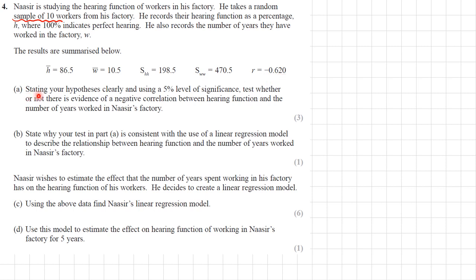Part A, stating your hypothesis clearly and using a 5% level of significance, test whether or not there is evidence of a negative correlation between hearing function and the number of years worked in Nazir's factory. So for a test for correlation, H0 is always that rho is equal to 0, and since we're testing for a negative correlation, it's going to be rho is less than 0 for H1.